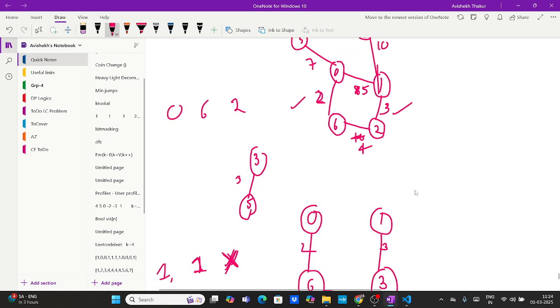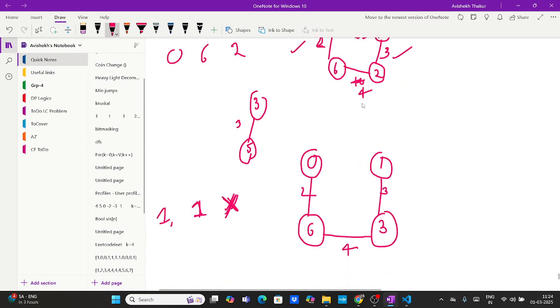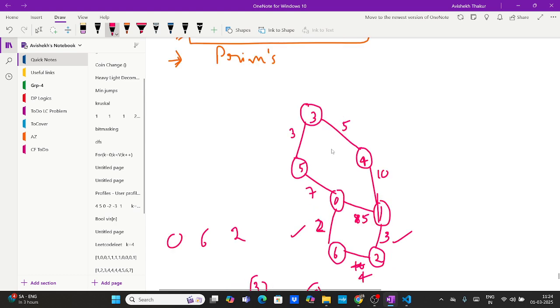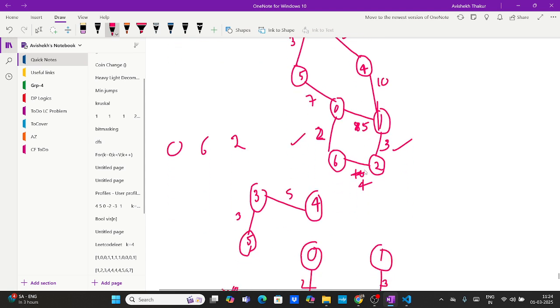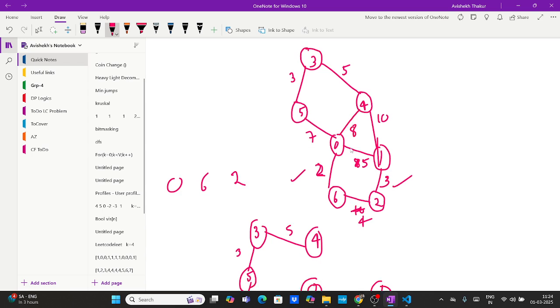Now, what's the next part? This is the next smallest one, right? And what do we have finally? Let's add one more edge.